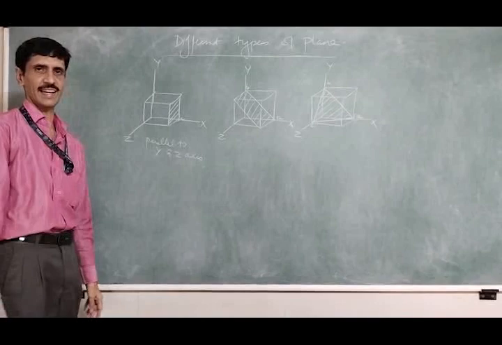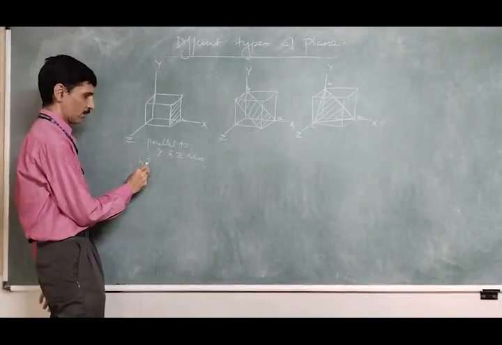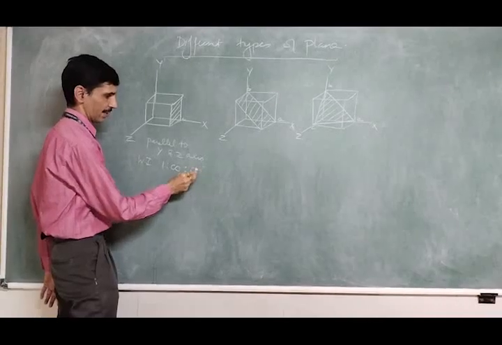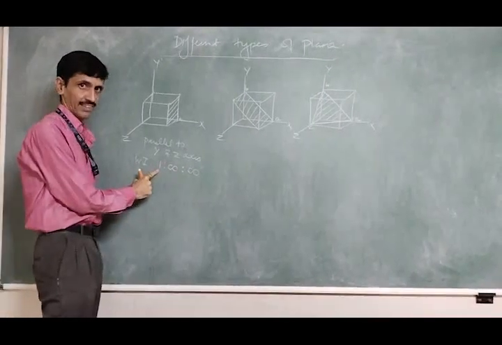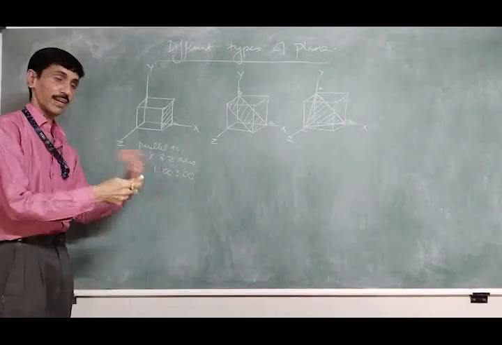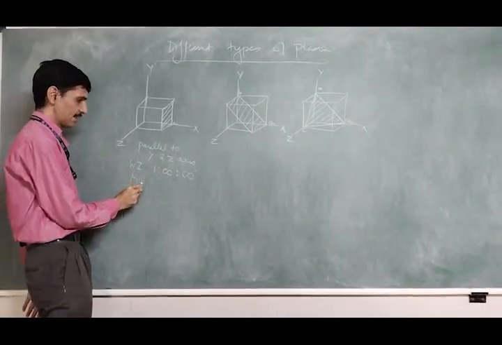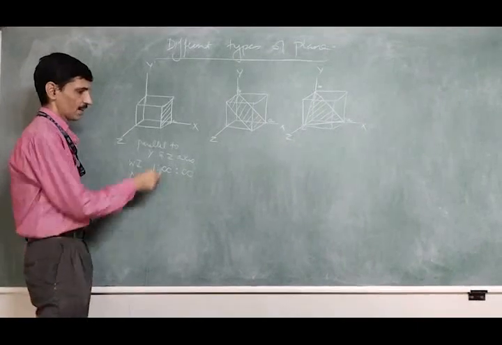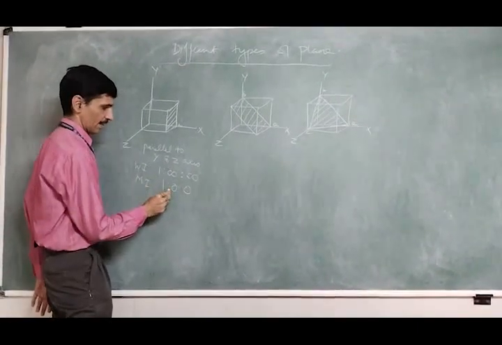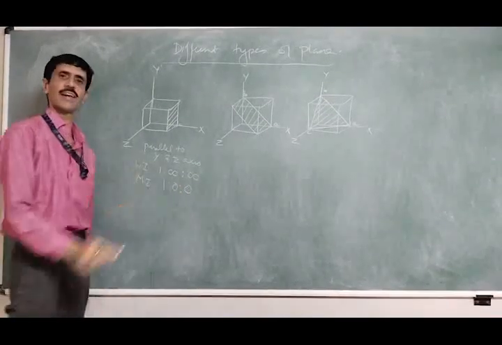So when you go for Weiss indices, I will write it down as W1, it will be 1:infinity:infinity. This is x, we consider as unit distance, y and z, they are parallel, so it is infinity. If you convert this into Miller indices, we have 1/infinity is 0, 1/infinity is 0, so 1:0:0, that is the Miller indices.